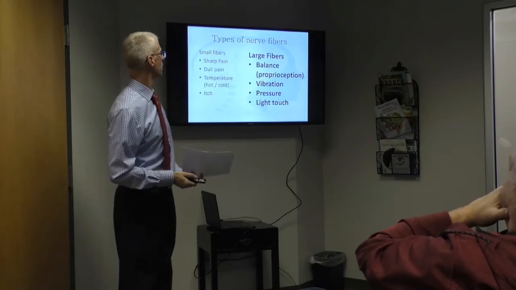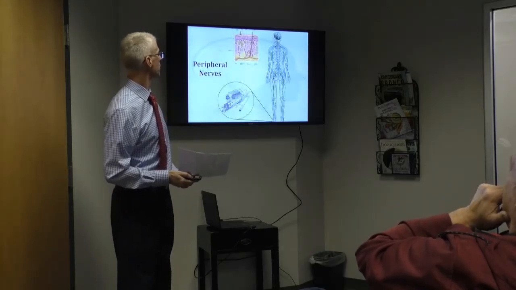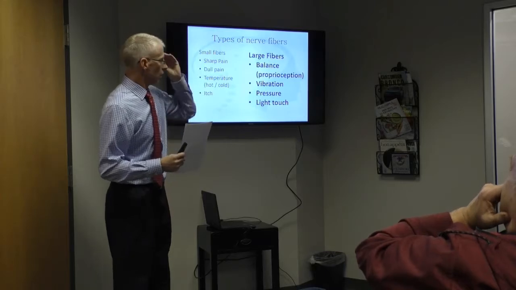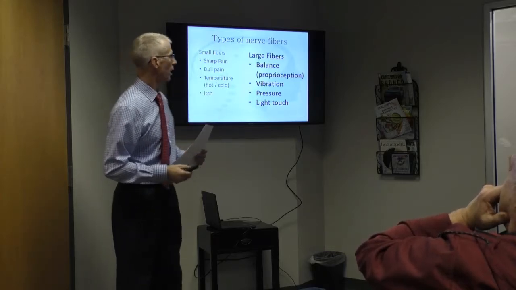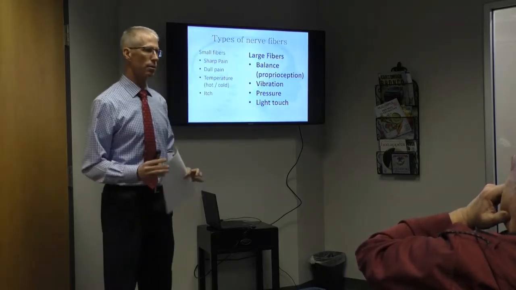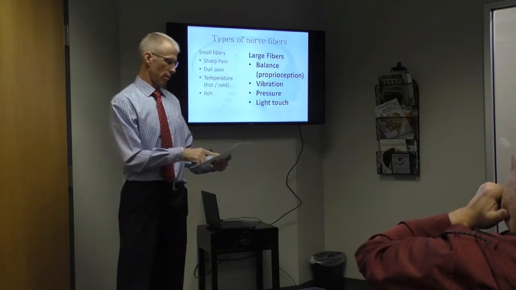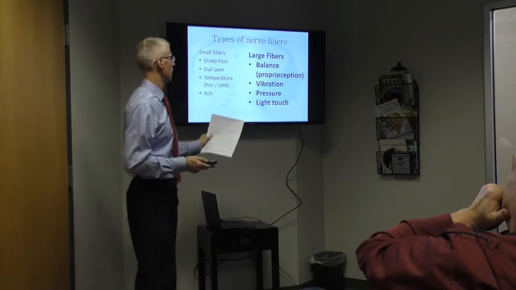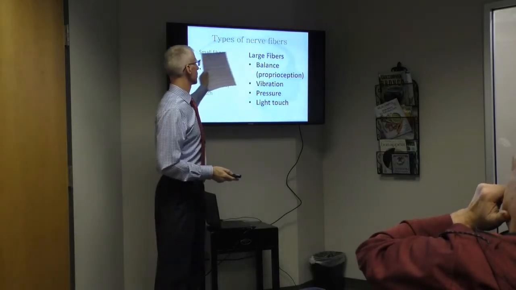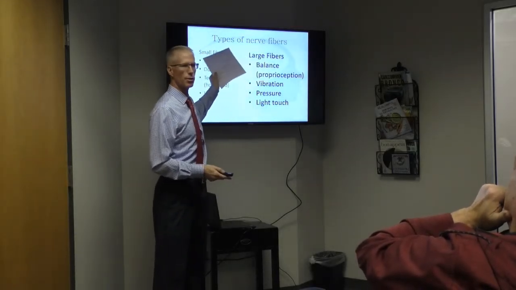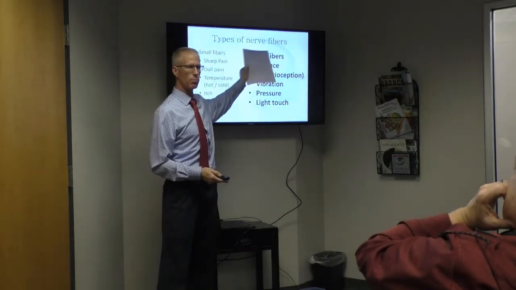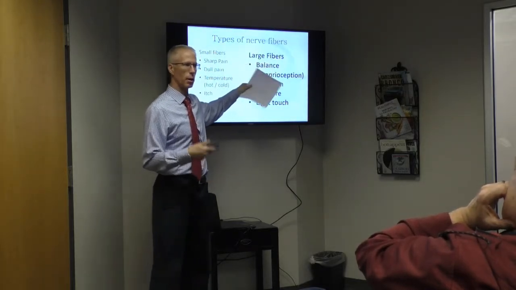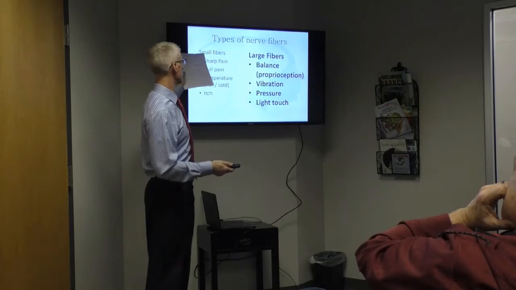All right, so now I'm going to give you a little quiz. We have 2 main types of nerve fibers. Let's see, so do we get number 2? All right, we're not quite to 3 yet, but I got to teach you something. When we talk about the types of nerve fibers, we basically have large and small. Do you notice how I made these in bold? They're thicker, they're bigger, and these are small.